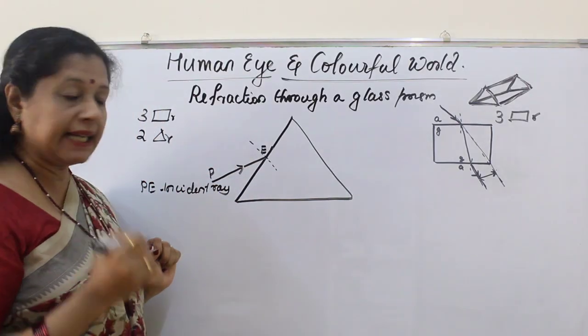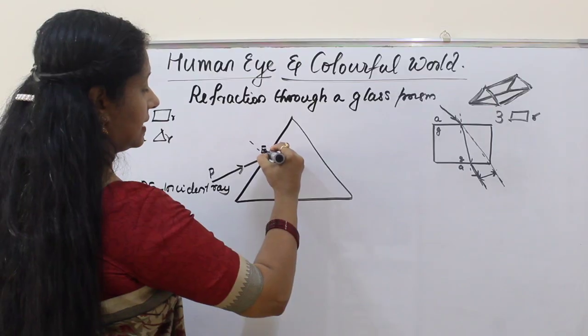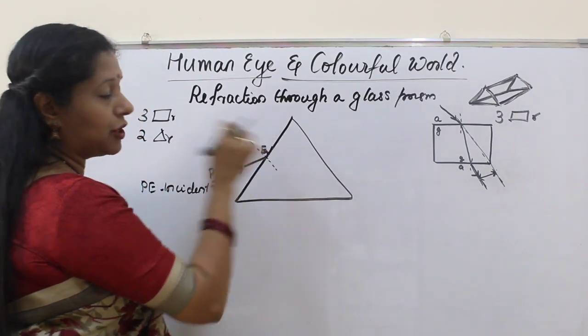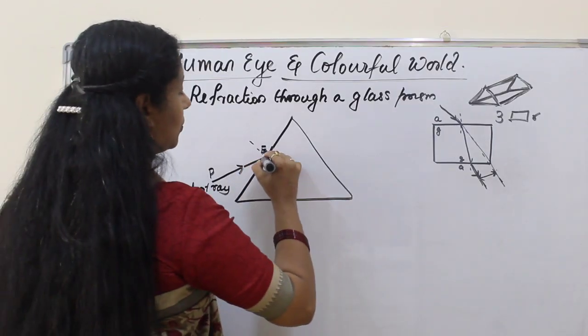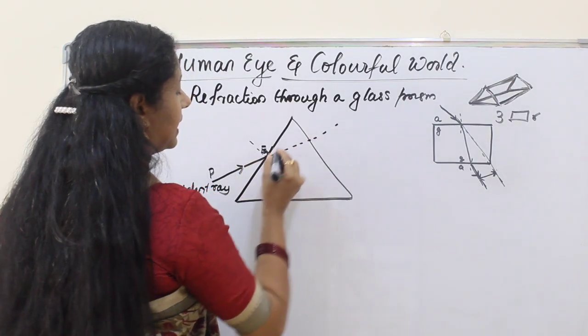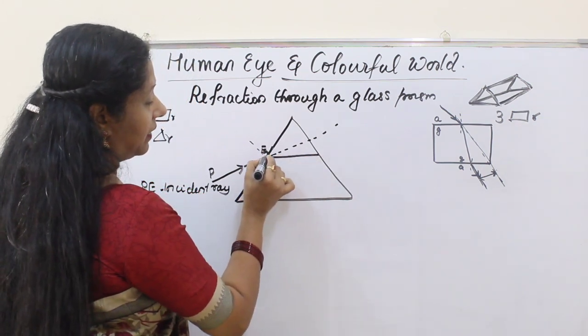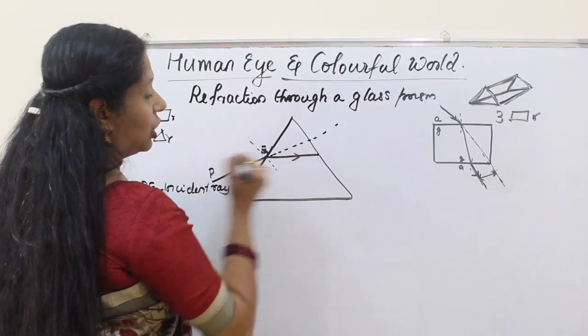Normal means 90 degrees to this line. You know that it is going from air into glass, that is, rarer medium to denser medium. It was supposed to go like this, but instead it bent towards the normal.